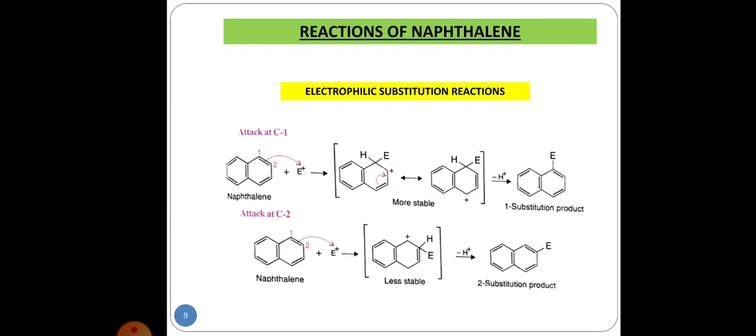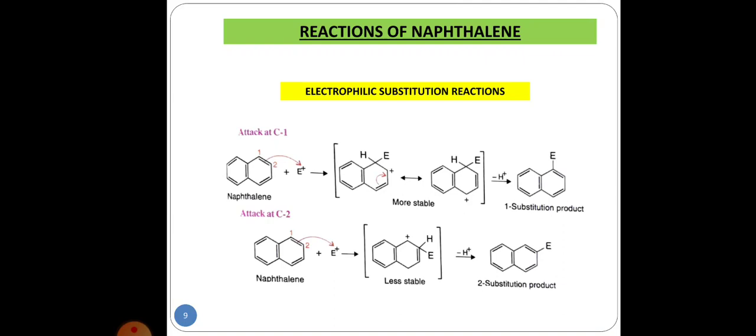The reason behind that is the two resonance forms involved in the intermediate carbonium ion due to the attack at C1 and attack at C2.